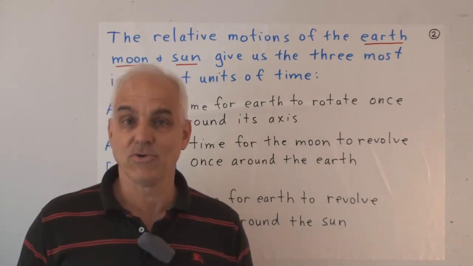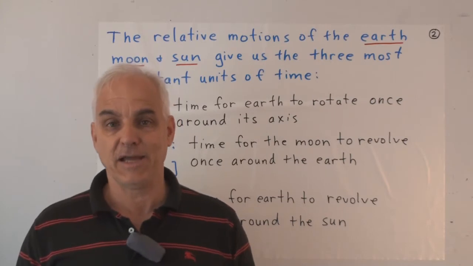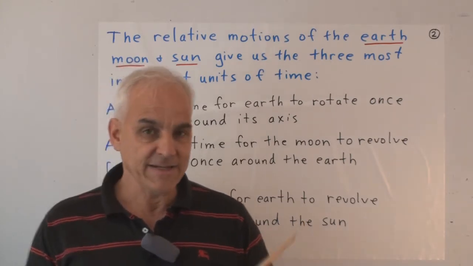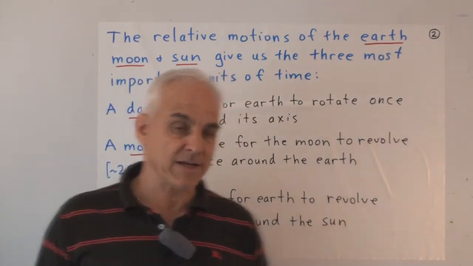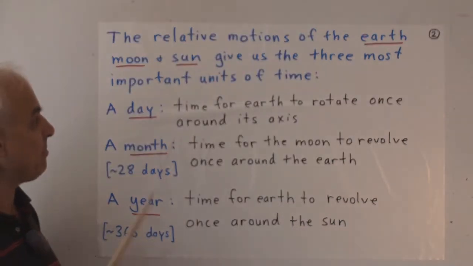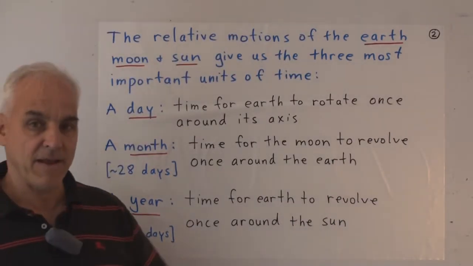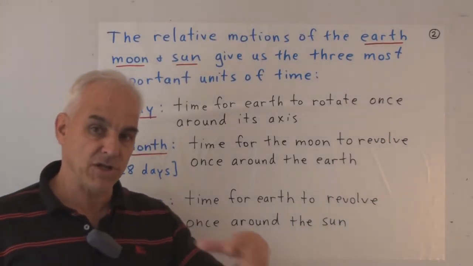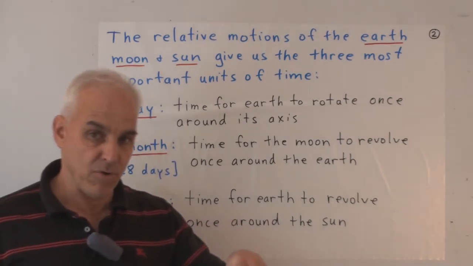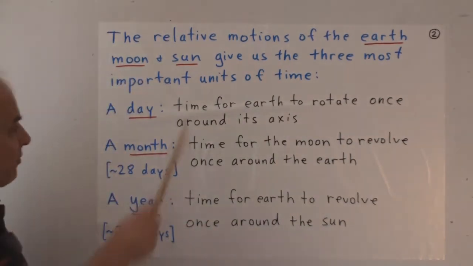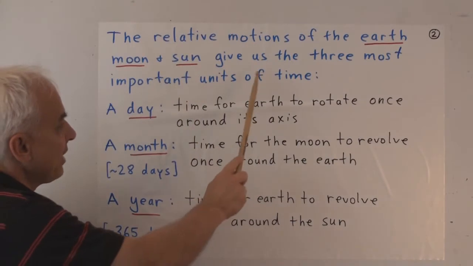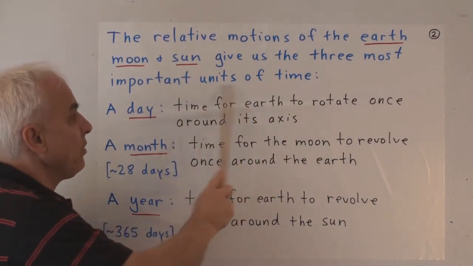And we will come back to it and talk about that in more detail later on. For today's lecture, all we really want to extract are the three main units of time that come from the motions of the Earth and the Moon around the Sun. So the relative motions of the Earth, Moon, and Sun give us the three most important units of time.